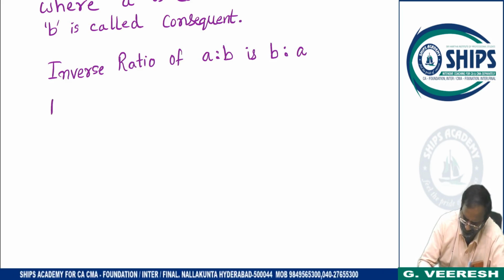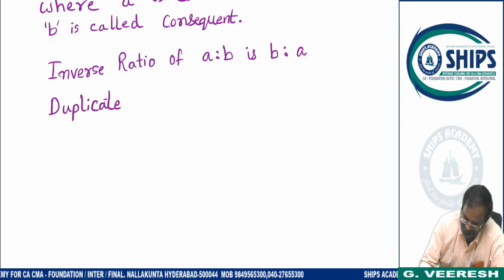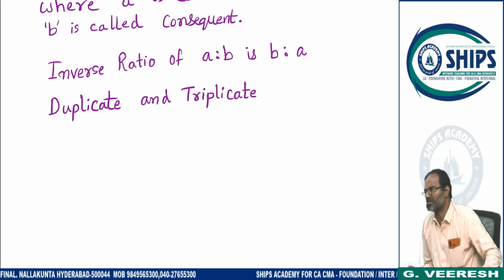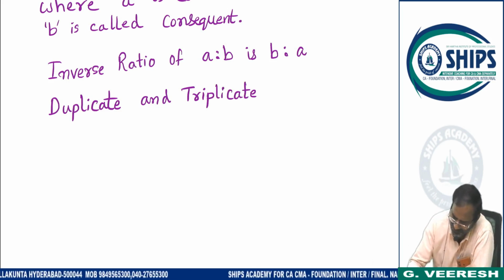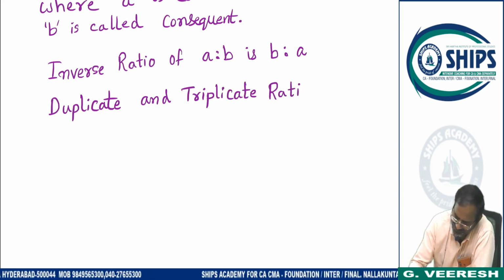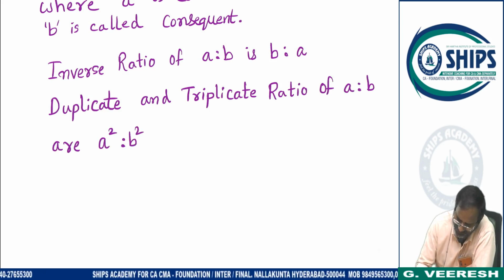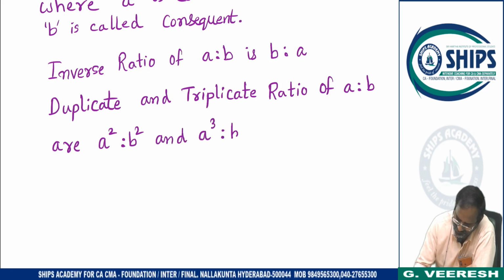Next, duplicate and triplicate. First we'll write all the formulas, then we'll do exercise problems. Duplicate and triplicate ratio of A is to B are A square is to B square and A cube is to B cube.